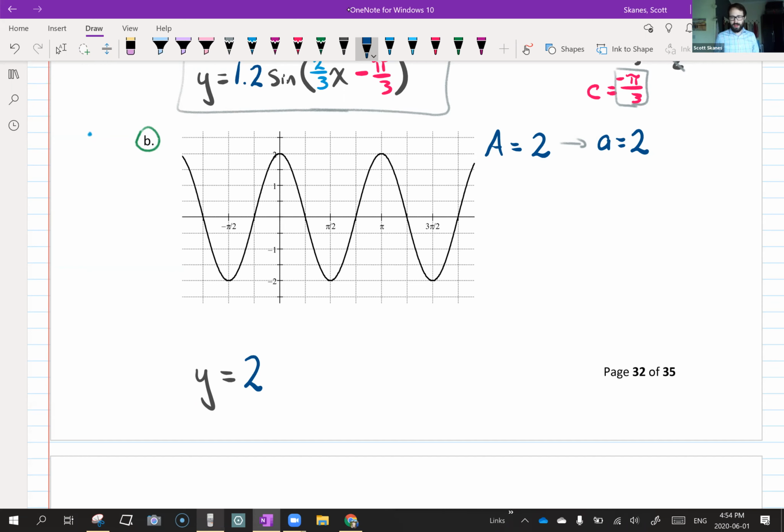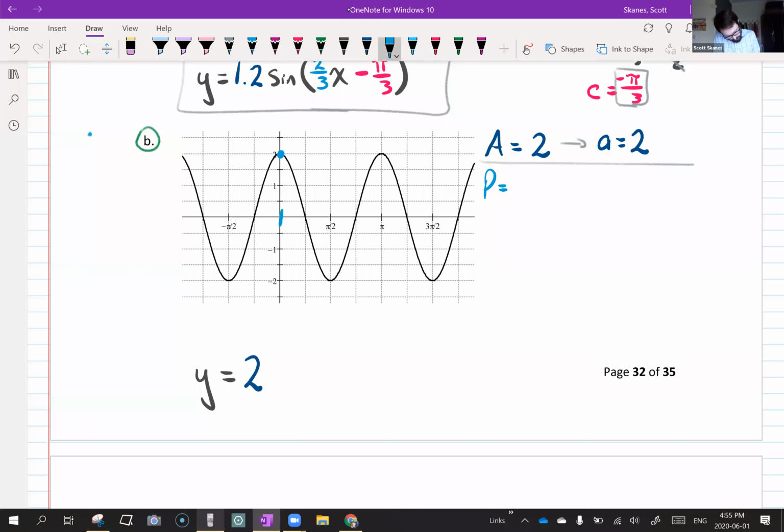You're saying A is 2, B is 2, C is not 0. Well, I'll try that one again. B, well, we need to get the period first. Period here is very easy to see. This is the period. Let me maybe make it clearer.